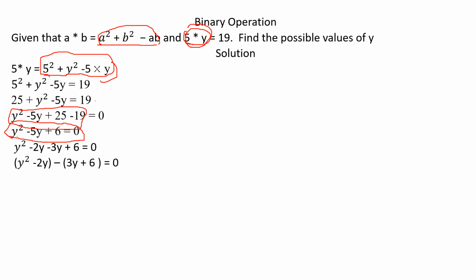So we group that, and by grouping, you have y squared minus 2y in a bracket, minus 3y plus 6 in a bracket, equals 0. Right, so we factor out common factors. These two terms have y in common, so you put y outside the bracket and then we put y minus 2 in, so that when we expand the bracket, we get this back.